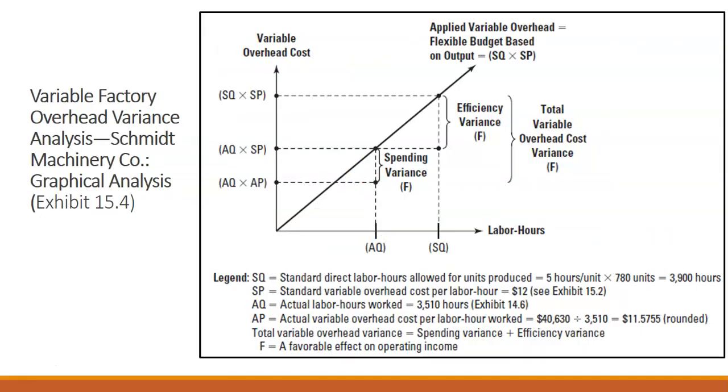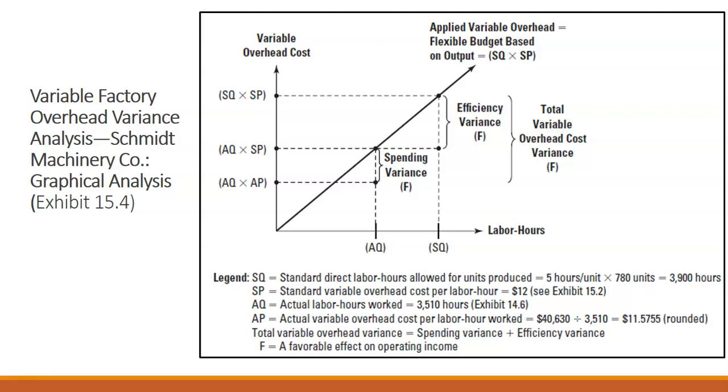When we graph this information, we show the efficiency variance and the spending variance when we're looking at the dots on the graph of our different results. So what was our applied variable overhead? What was our actual variable overhead? And what is our total variable overhead cost variance?